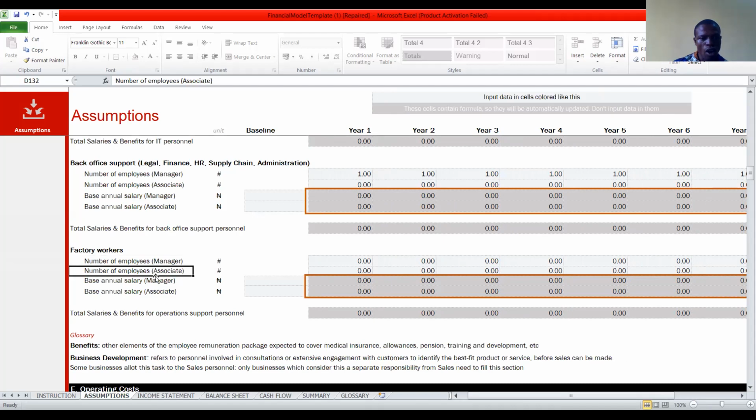Then for other factory workers, those are the associates. How many are they? We said 3 in the first 2 years. Then we increase to 5.